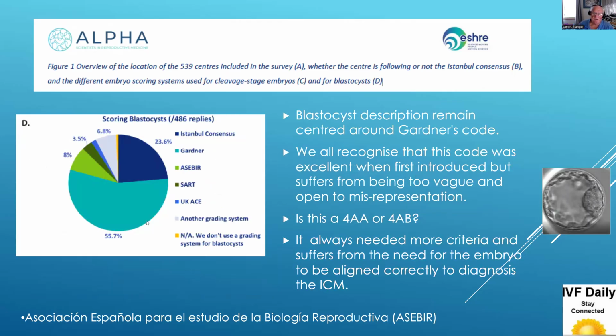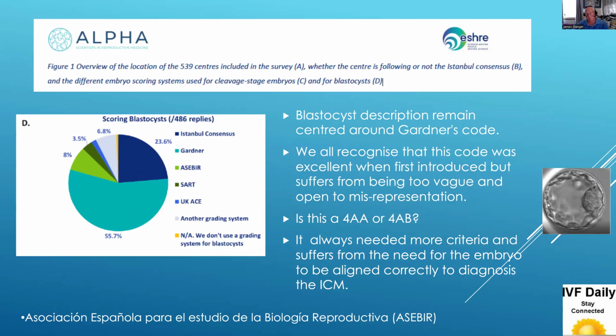situation for blastocysts, where instead of using the Istanbul consensus for describing blastocysts, just over 60% are applying what was still considered the benchmark, the gold standard, which is Gardner's code. We all recognise this code was excellent when it was first introduced, but it does suffer from being too vague and open to misrepresentation.